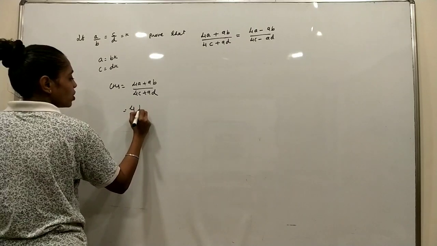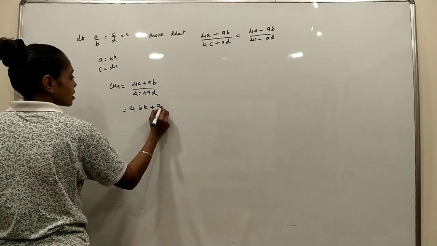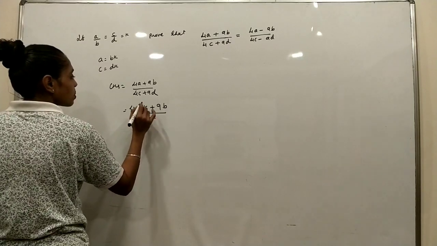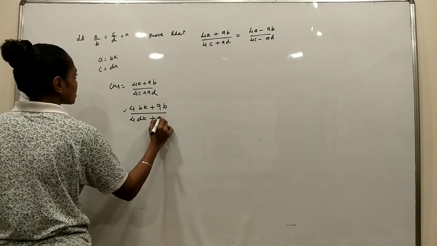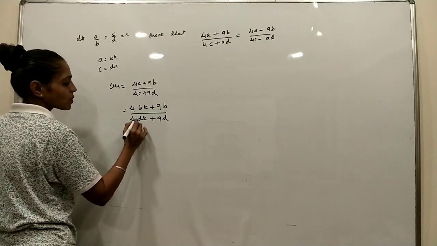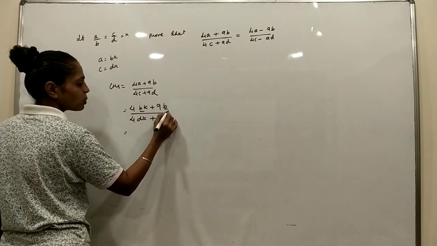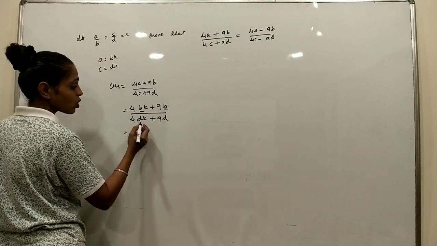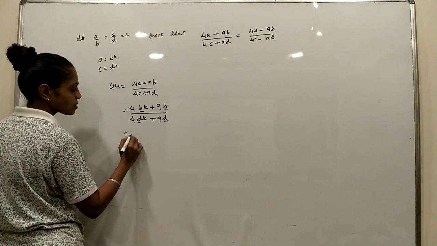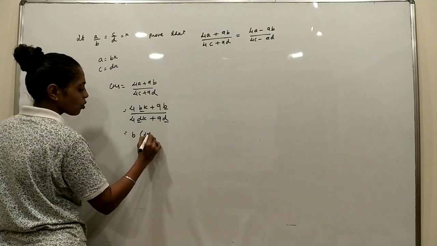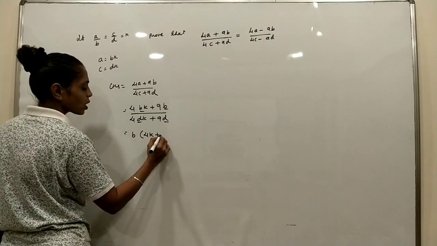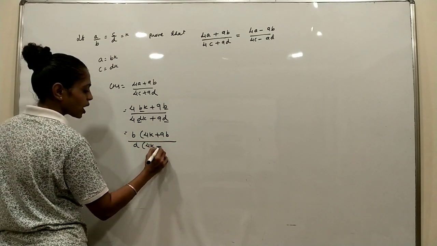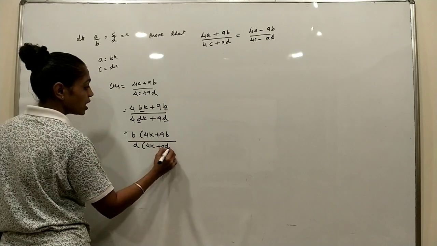So 4 times bk plus 9b, upon 4 times dk plus 9d. b common, d common: 4k plus 9 upon 4k plus 9.